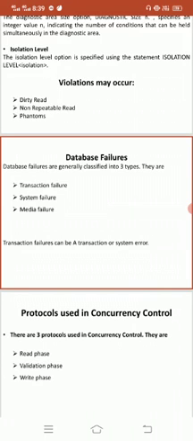So these are all called database failures. The first is called transaction failures.